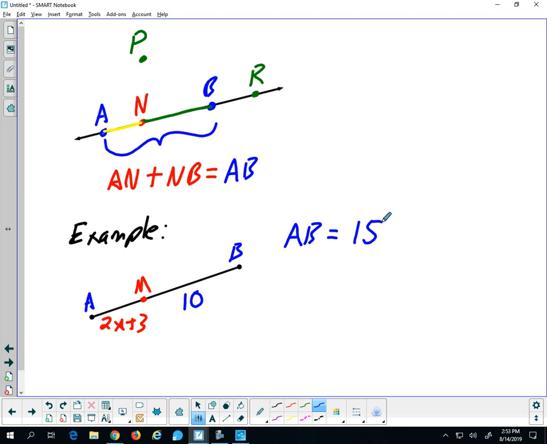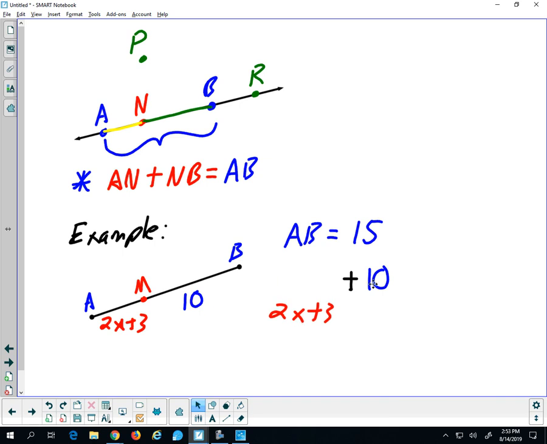So we're going to use this concept right here, where if I add the two shorter segments together, it equals a longer segment. So I'm going to have my 2x plus 3 plus 10. So I have my AM plus MB.